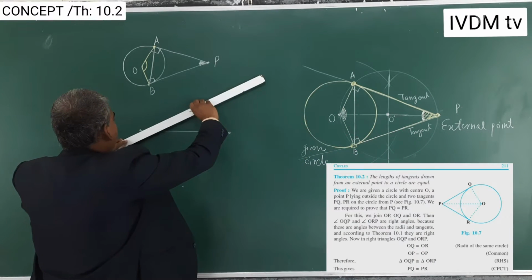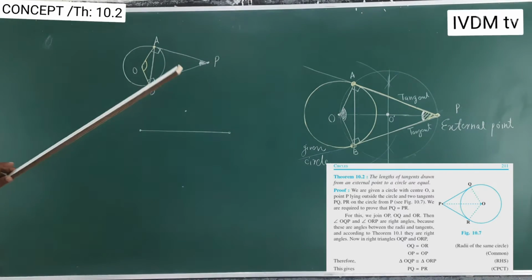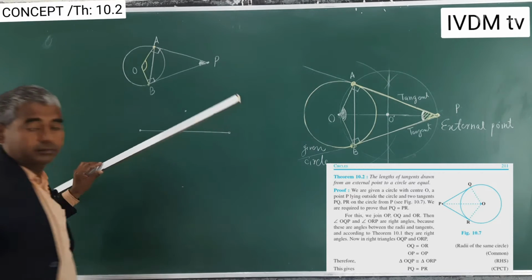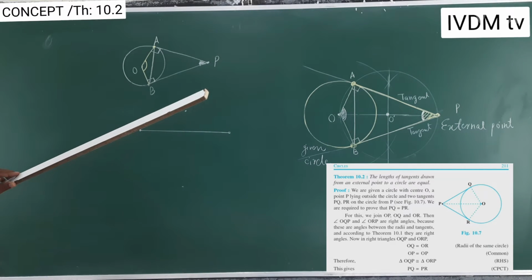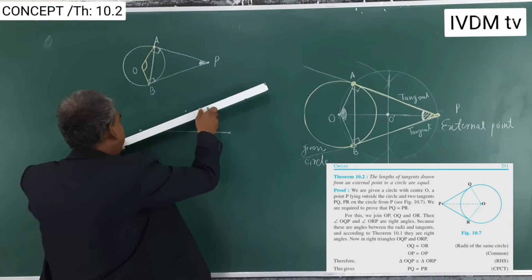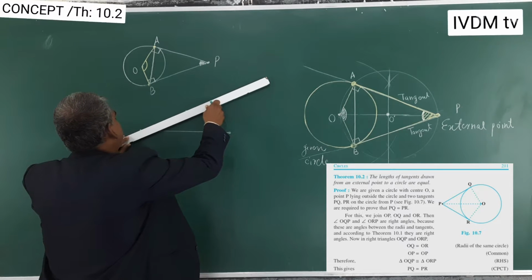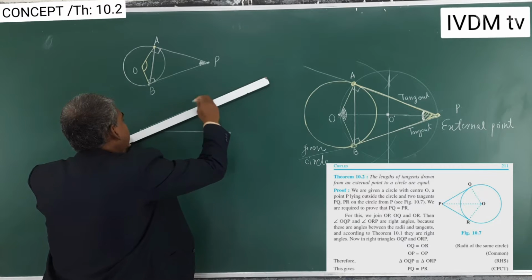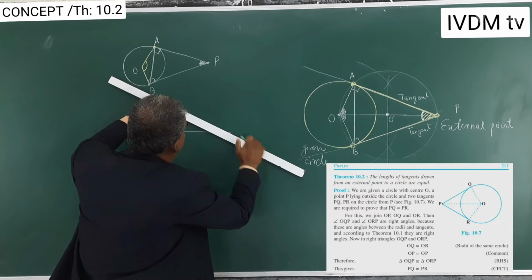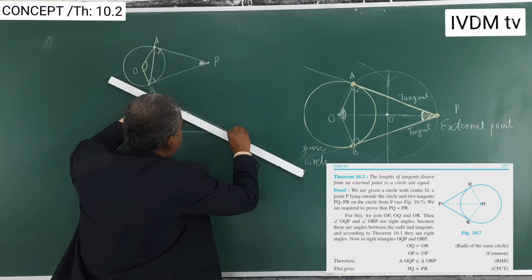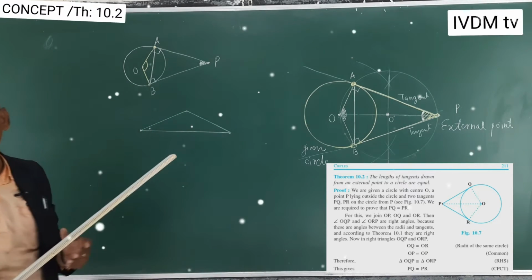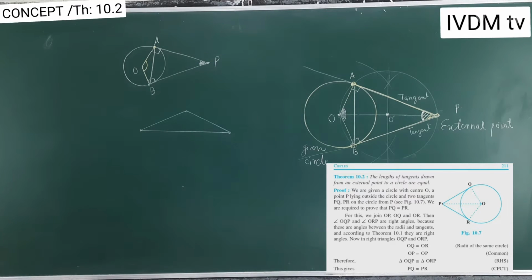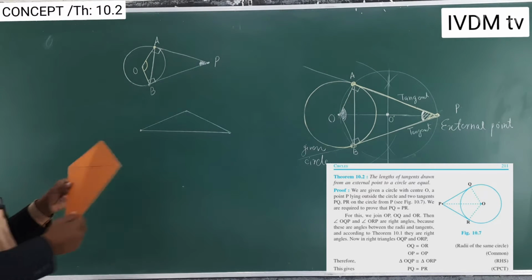This is one of the isosceles triangles. The sum, meaning addition, of two isosceles triangles.